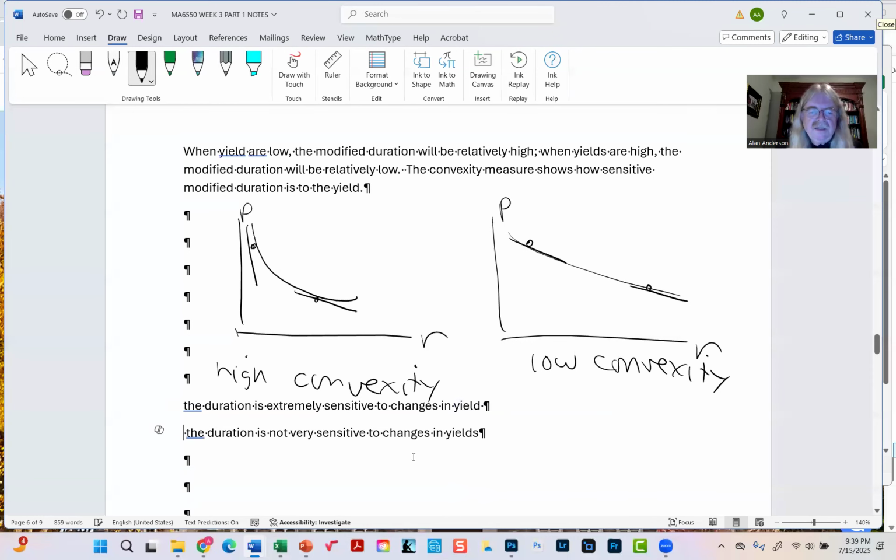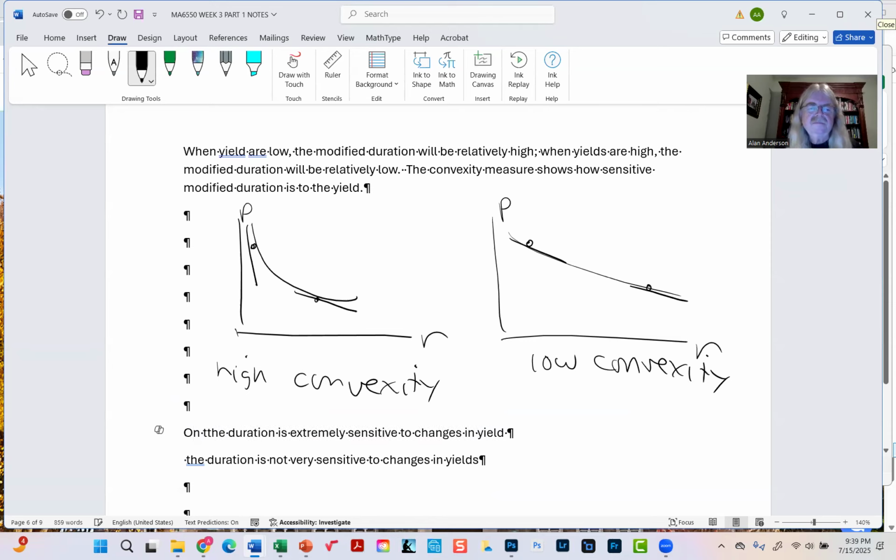Well, all right, I didn't plan this as well as I could have. On the left, the duration is extremely sensitive. On the right, it is not. So that means that the convexity measure that we're about to introduce is very high for the bond on the left and very low for the one on the right.